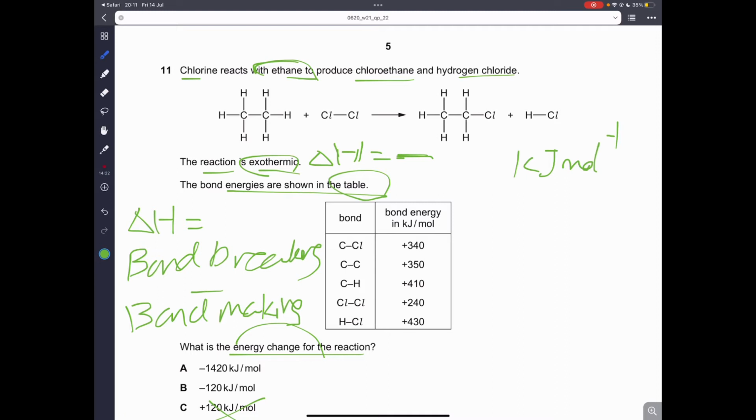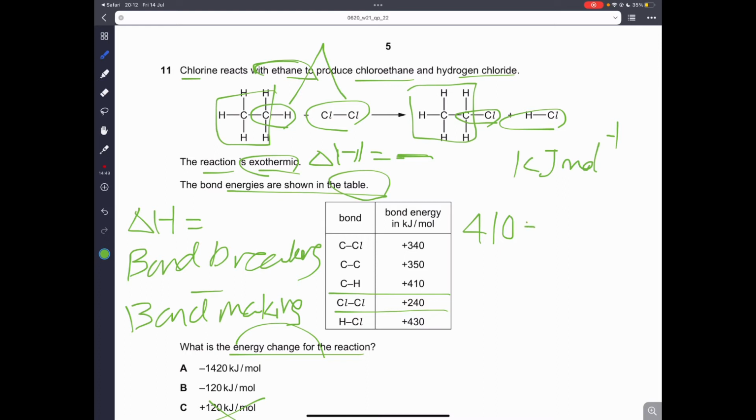When you look at the diagram, this part and this part are similar. The only bonds that are not similar are the C-H bond and the Cl-Cl bond, and then the C-Cl bond and the H-Cl bond. So the only bonds that we have to break are the C-H and the Cl-Cl bond. So we are going to add them together. The total energy that we need to break is 650 kilojoules per mole.